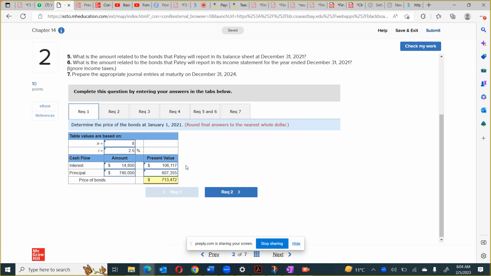I don't know what the issue is in your table, or maybe you have taken 4 digits or 5 digits decimal places. You see there is only a $5 difference, not a major difference. 106,117, our answer was 106,122.